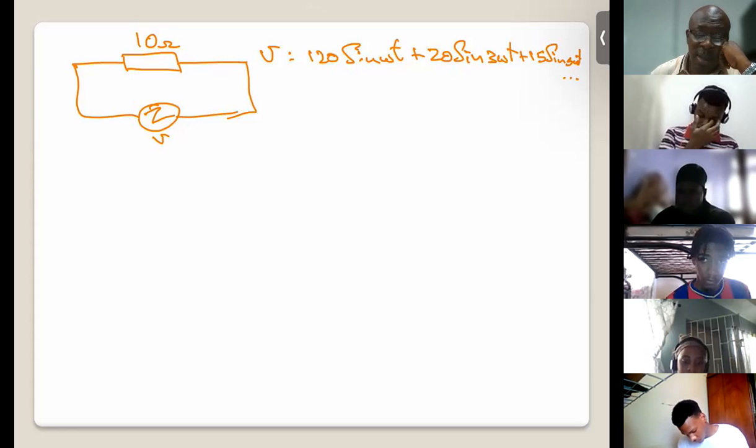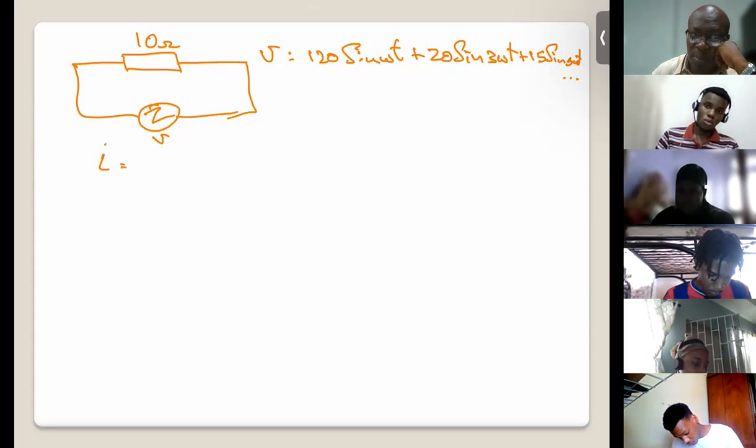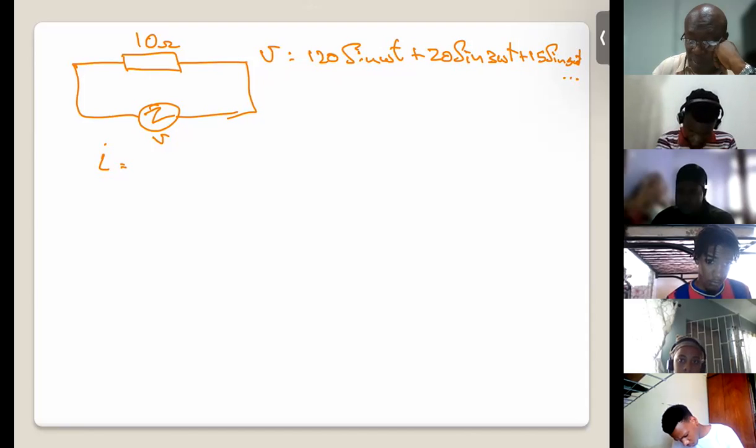So we are connecting it across a pure resistor. What would be the equivalent current expression? It would be IM is equal to VM over R. Okay, so for the fundamental, what would we have? For the fundamental, that would be 120. Yeah, but that's the voltage. We want the current. 120 over 10, which is 12.